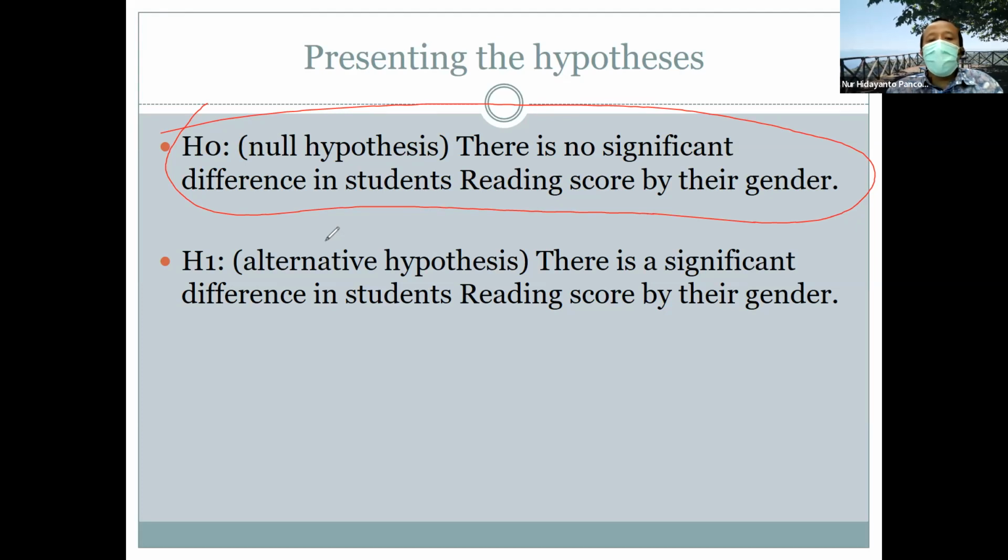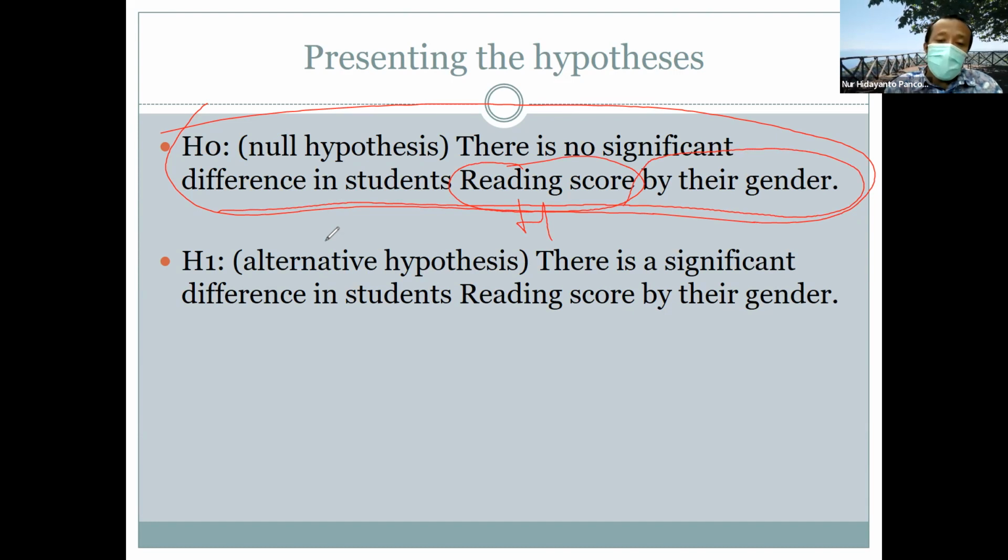So let's say the null hypothesis says there is no significant difference in students' reading score by their gender. Misalnya tadi yang di depan itu bukan tinggi tapi reading score misalnya, atau kalau di depan tadi tinggi ya, height. There is no significant difference in students' height by their gender. But here, supaya terikat dengan bidang kita, there is no significant difference in students' reading score by their gender.